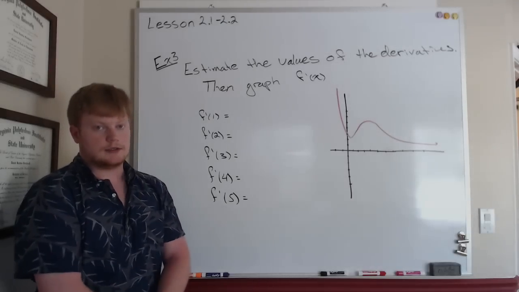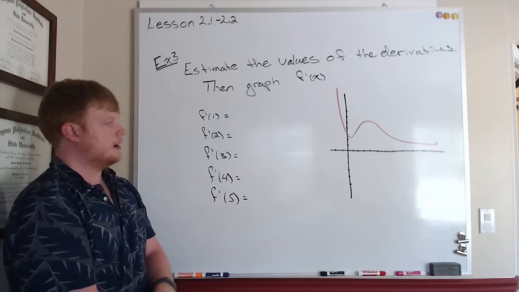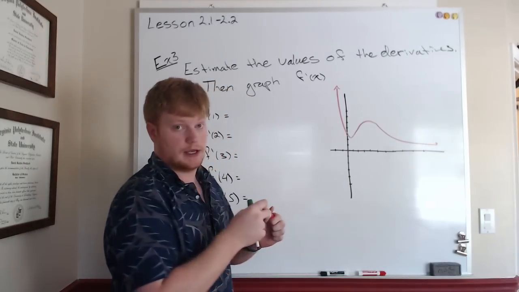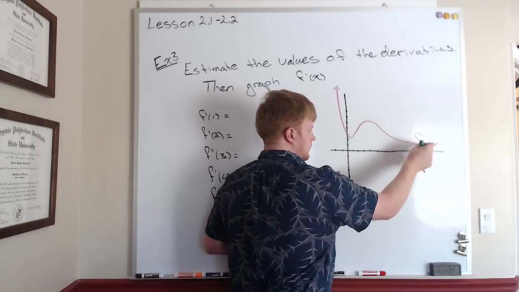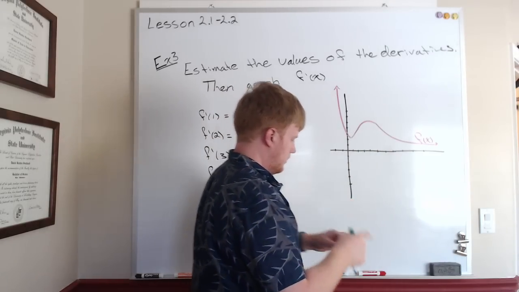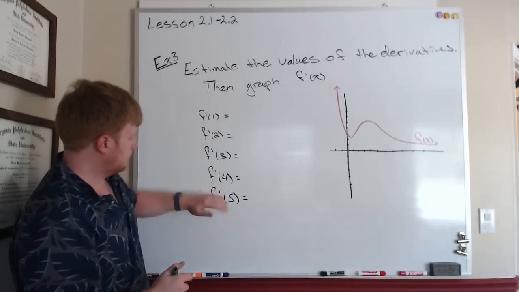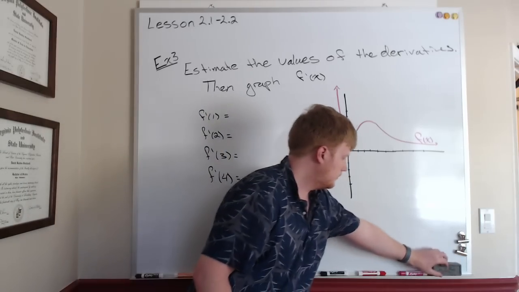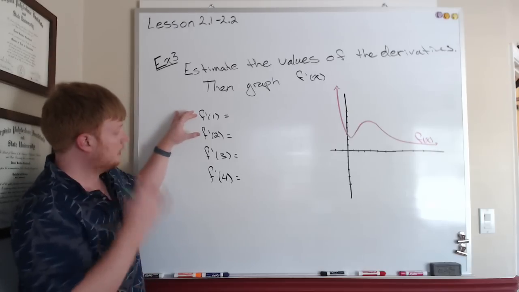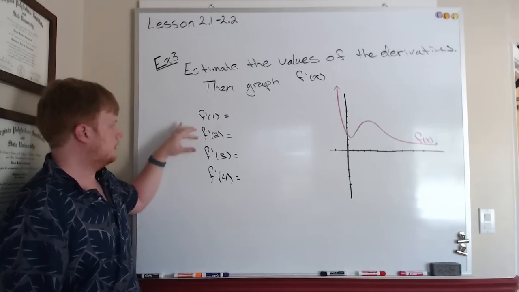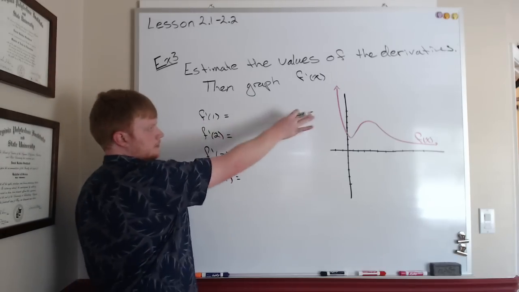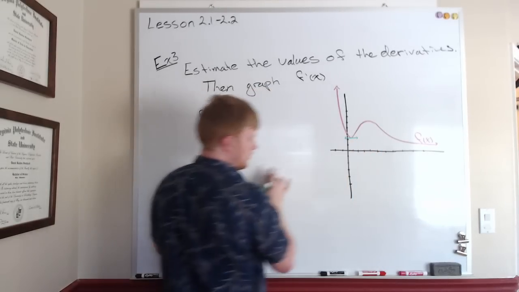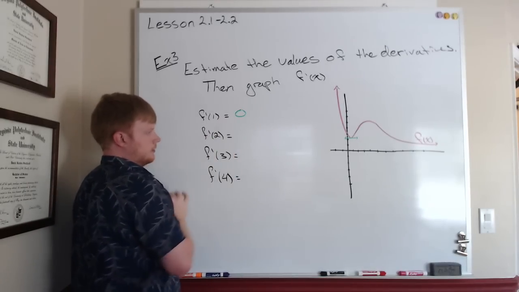One of the more difficult tasks for students to do in BC Calculus is to graph a derivative function given the graph of f of x. So the pink function here is my f of x. And what I'm going to do first, oops, we don't want to do 5 of these, we just want to do 4. I'm going to look at the derivative or the tangent line at a few points. So the slope of the graph at 1 looks to be horizontal, so 0.